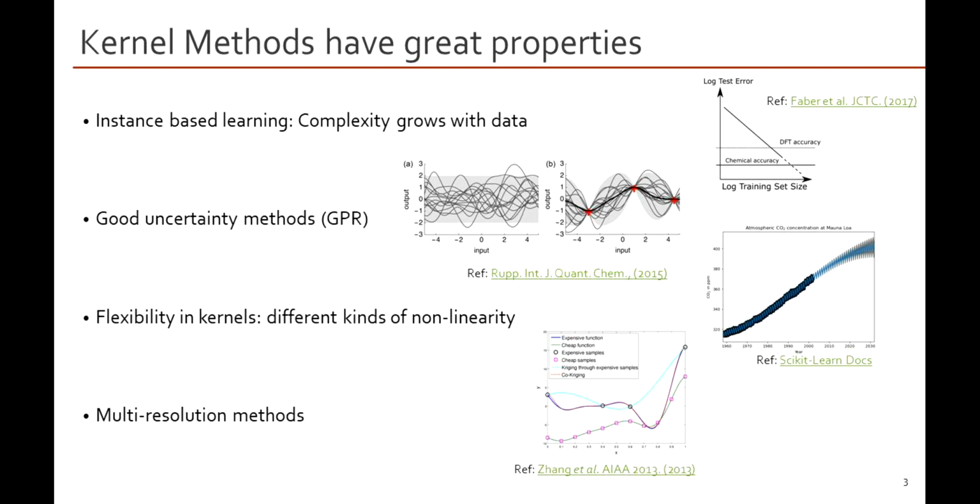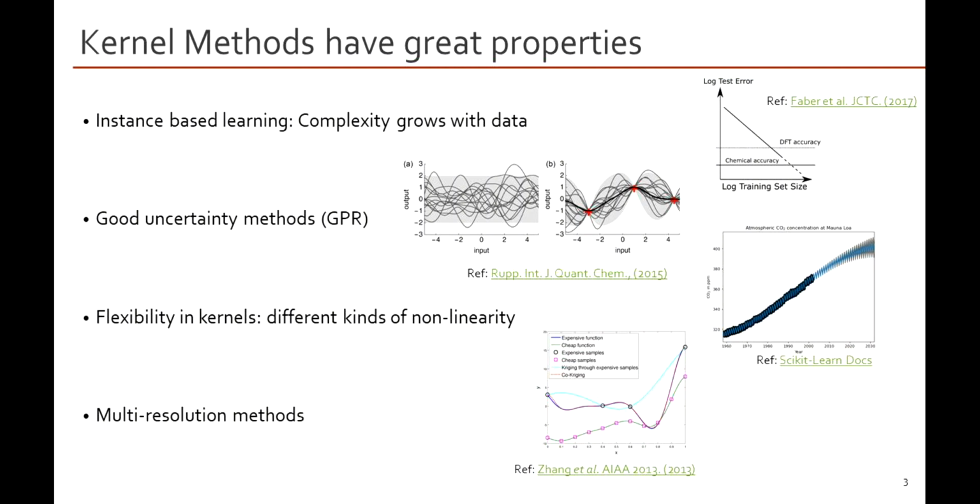So I can make a very simple function that actually captures a lot of the underlying physics. And there are also wonderful classes of techniques like co-kriging, which allows you to train a machine learning model on two different fidelities of data. Say for a single point, I can get a quick estimate or a very expensive one for its properties.